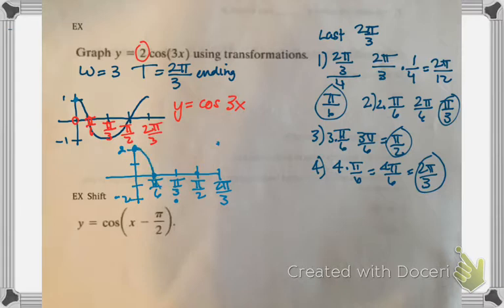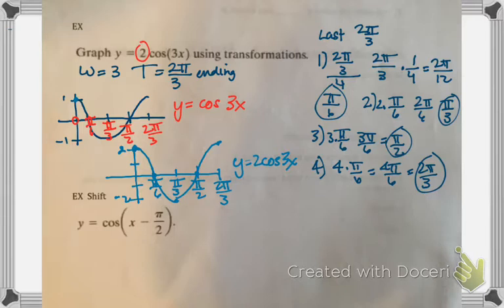So now my graph just looks like it got stretched out. It's taller. So that's what the answer is. So this is y equals 2 cosine of 3x. So let's put that down there. Y equals 2 cosine of 3x. Okay, and that is your answer.